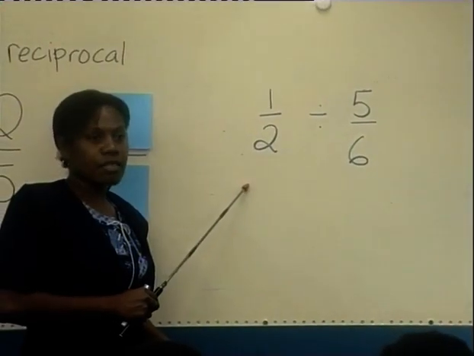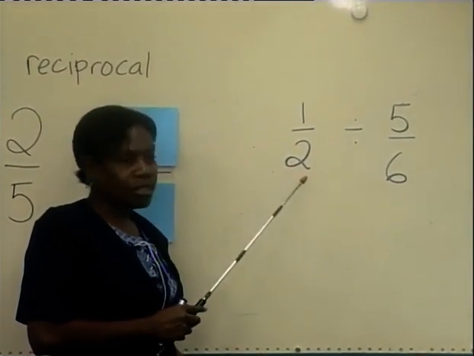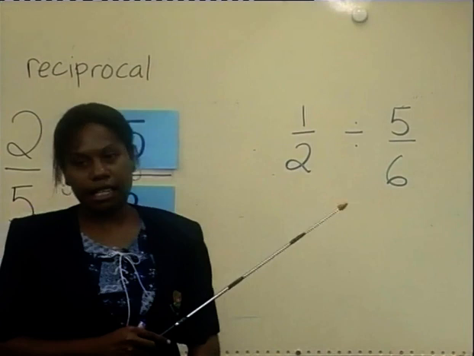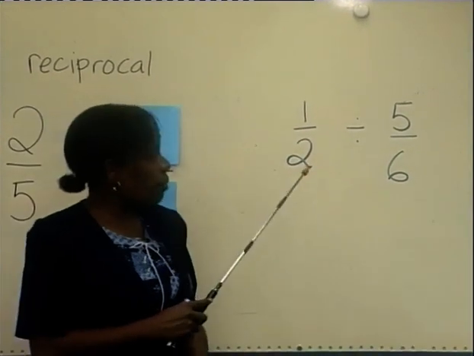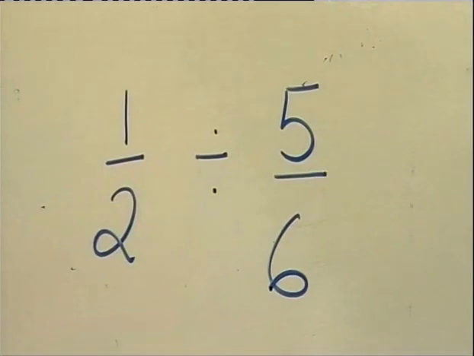All right, 8Es and receiving students. Using the reciprocal method, half divided by 5/6. How do we go about this, class? Half divided by 5/6. Who can come up to the board, please, and give us the working out here?